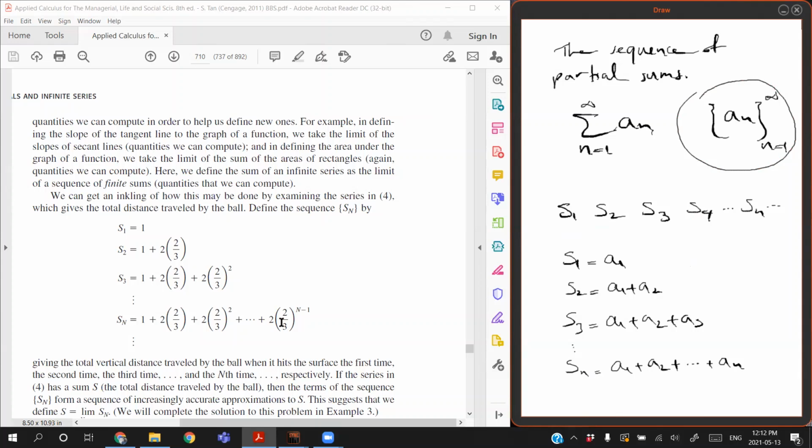So I can say the general term of this sequence, Sn, is basically the sum of Ak, k from 1 to n. So first I have A1, because k is 1, then I have A2, then I have A3, and all the way up to An. So did you understand the idea of the sequence of partial sums?